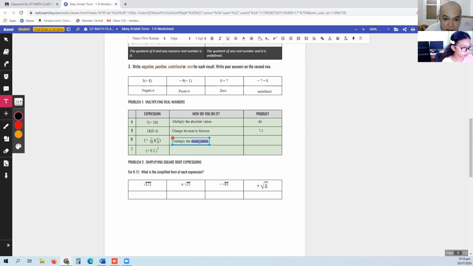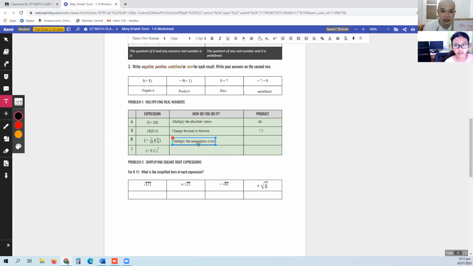Remove the first E, not enumerators. Numerators, okay. Sorry, not over.